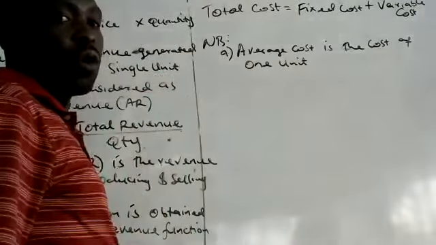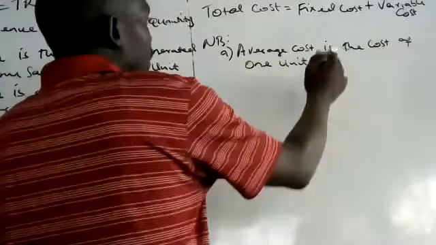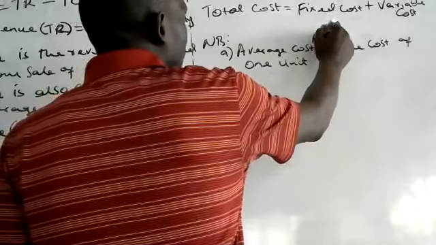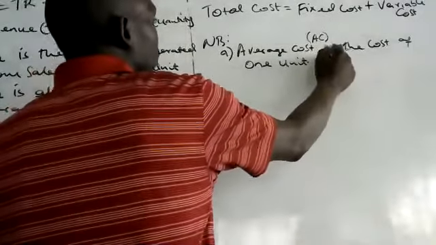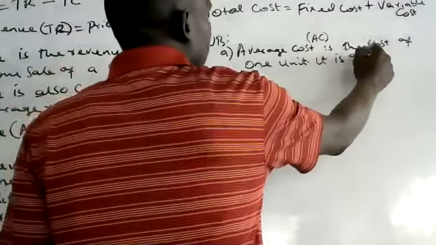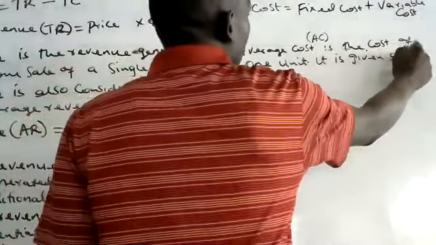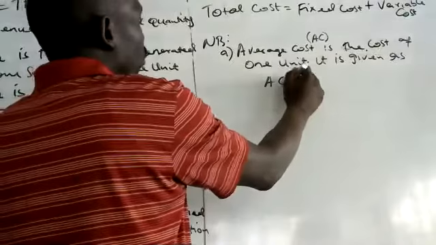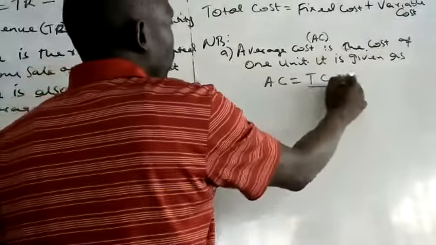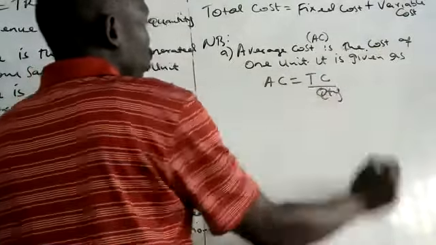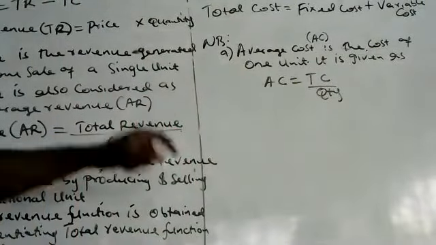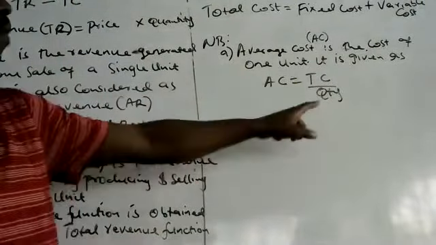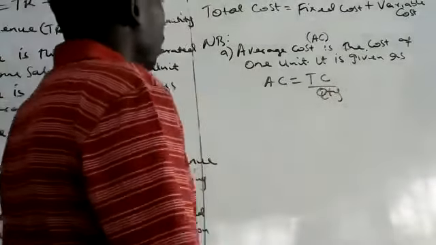It is given as the total cost divided by the quantity. Remember, the total cost is given by TC over the quantity.